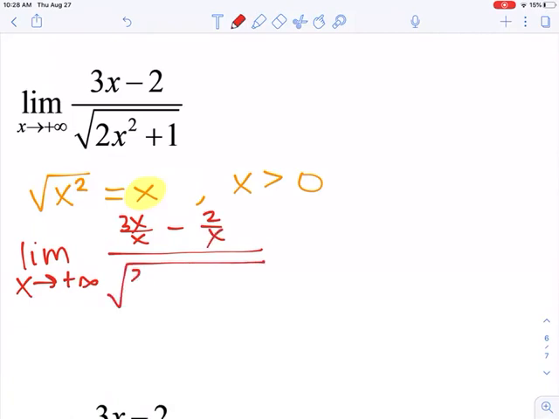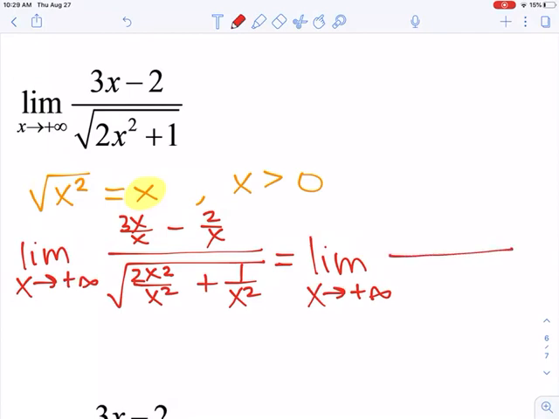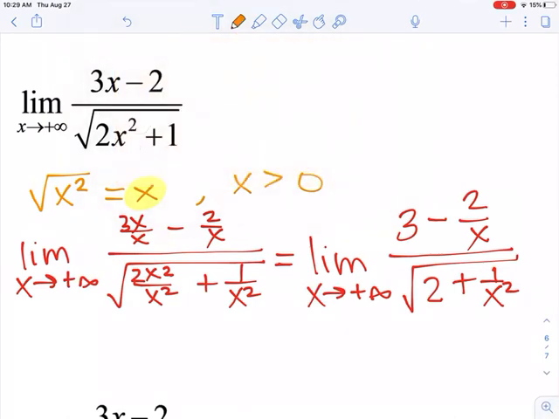We have the limit as x approaches positive infinity. We divide each term by x, but in our radical, x is the same thing as the square root of x squared. So we have (3 minus 2 over x) over (radical of 2 plus 1 over x squared).